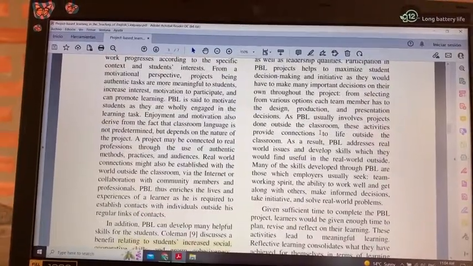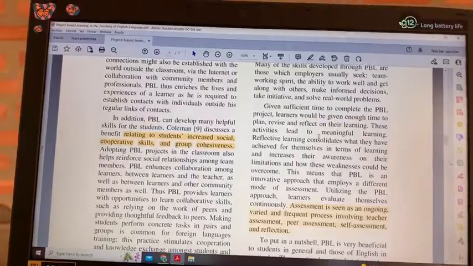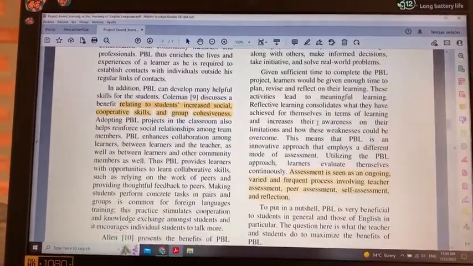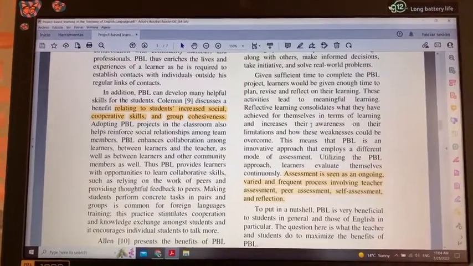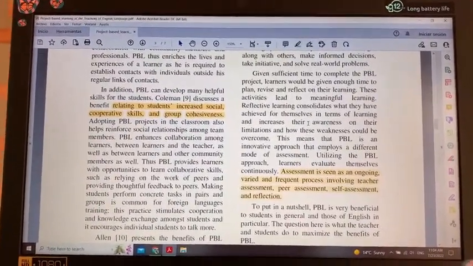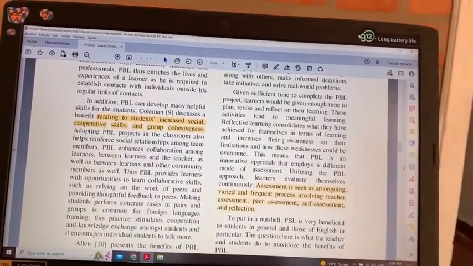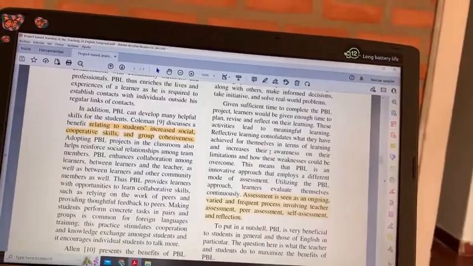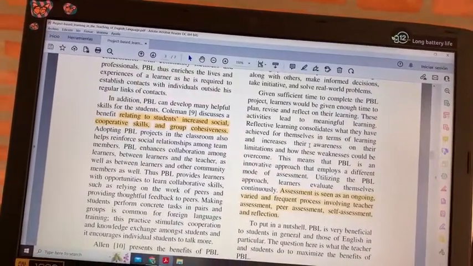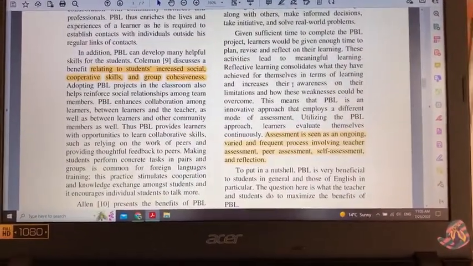Students also have an enhanced motivation and engagement, and they enjoy while learning. And it reinforces also the cooperative skills and group cohesiveness. It uses an innovative way for assessing, that it involves an ongoing frequent process that includes the teacher, their peers, and also self-assessment.